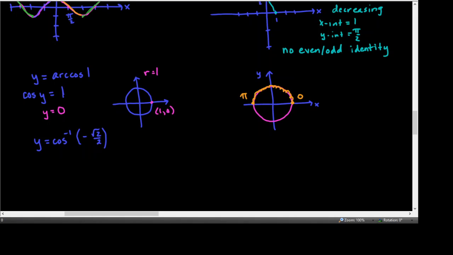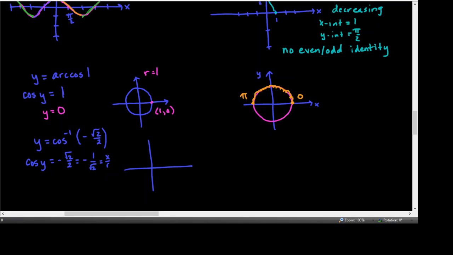Keeping in mind that I can only use first or second quadrant angles, and that what that equation means is that the cosine of some unknown angle y is negative square root of 2 over 2. I might recall, and hopefully you will too, that that comes from simplifying -1 over square root of 2. And that's what we would normally think of as x over r.